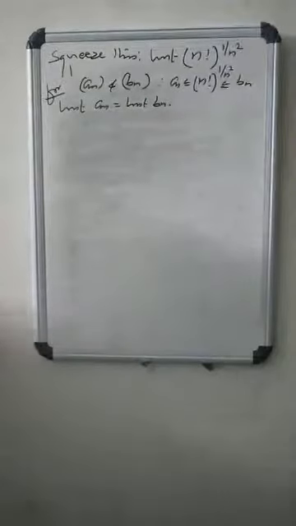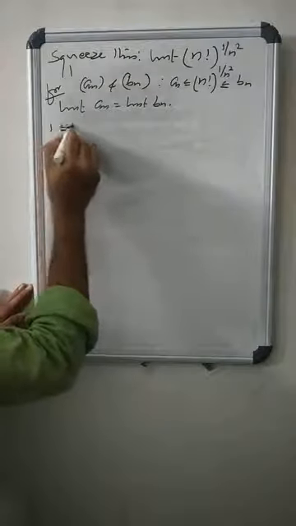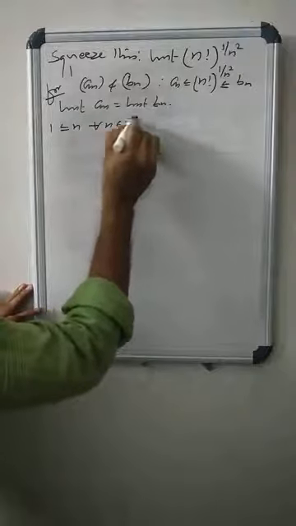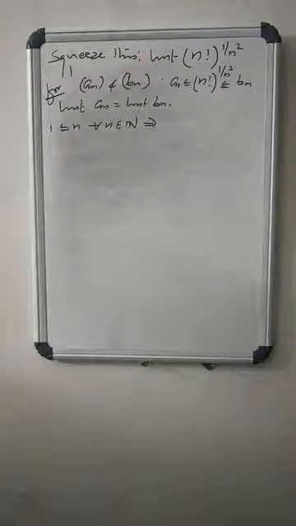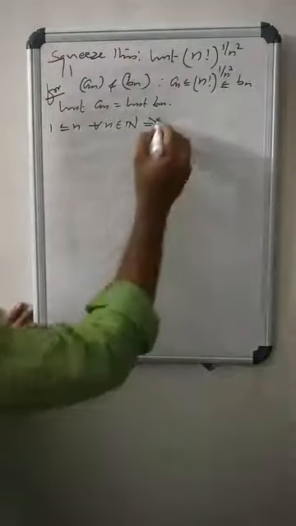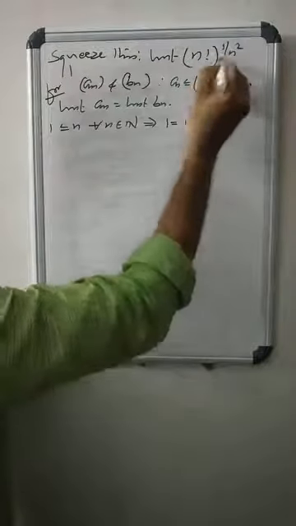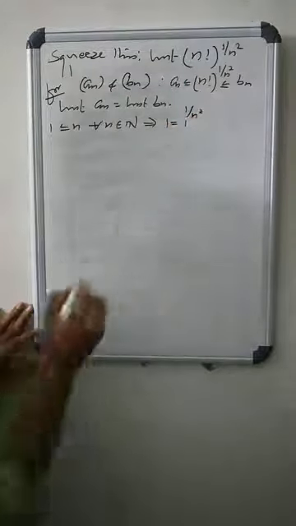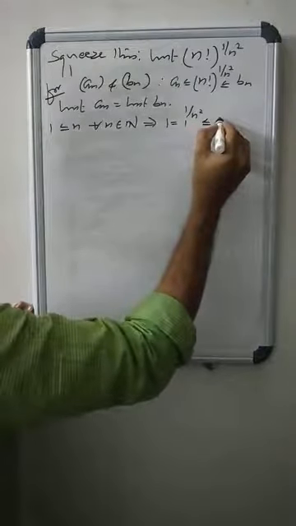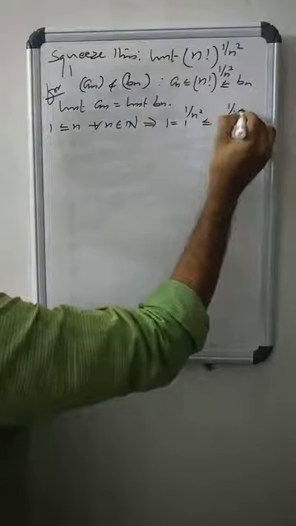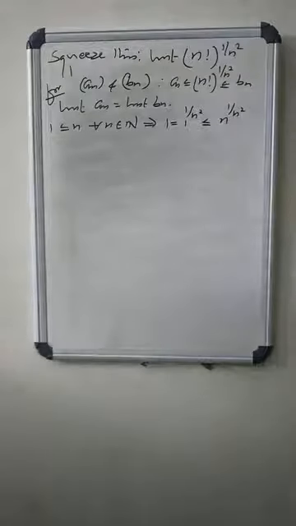So far we have 1 less than or equal to n for all n in N. So choose an and bn with an less than or equal to the given sequence less than or equal to bn. So what is 1? Again, 1 equals 1 power 1 by n square, which, since 1 is less than or equal to n, is less than or equal to n power 1 by n square.